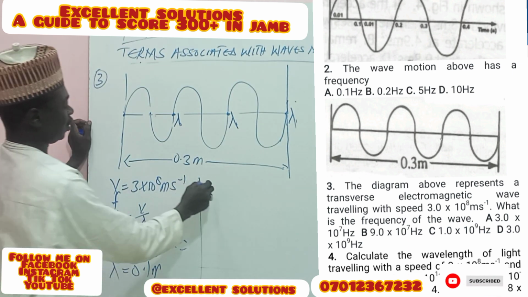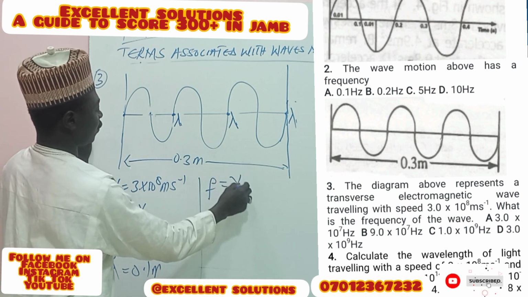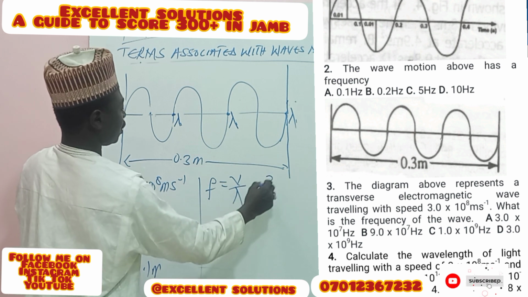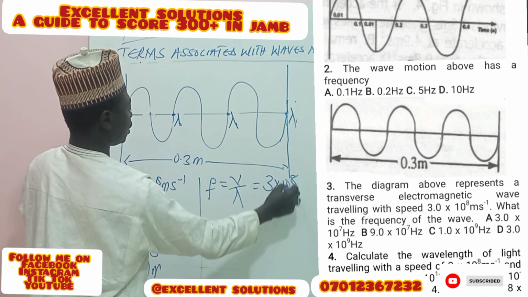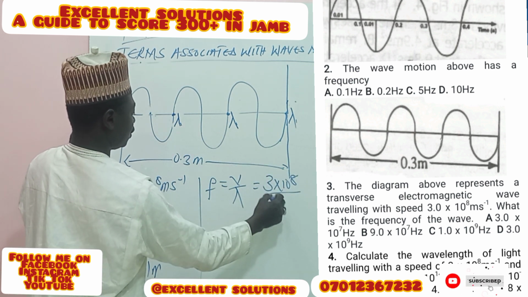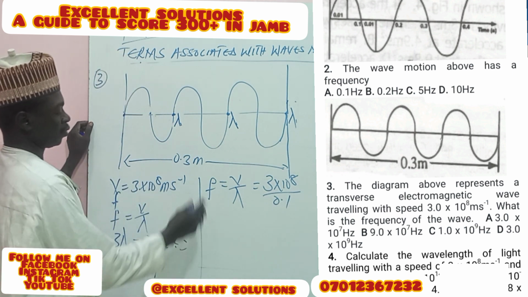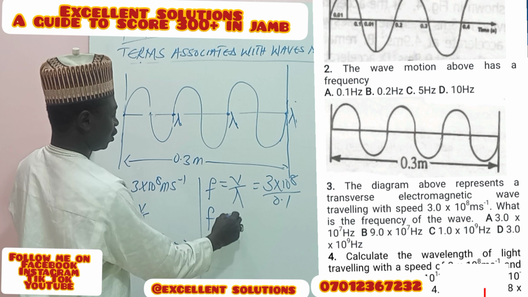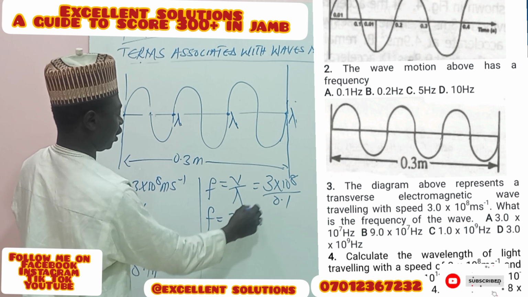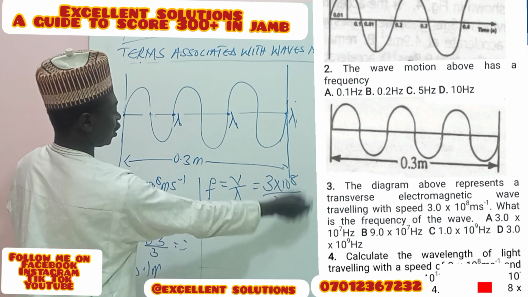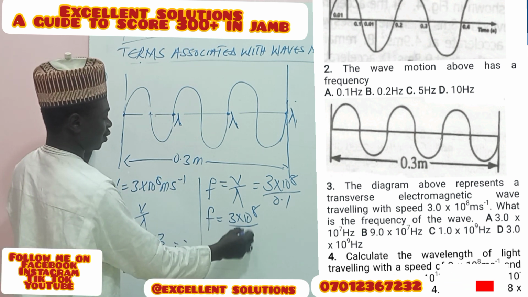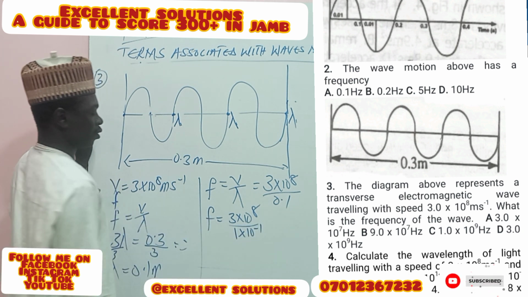So if we have lambda equal to 0.1 meters, our frequency F is equal to V upon lambda. This is the same as 3 exponential 8 divided by 0.1. If we take it in standard form, we are going to have 1 times 10 raised to the power of minus 1.